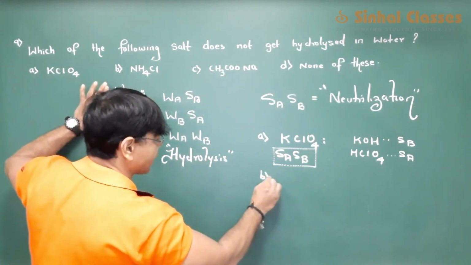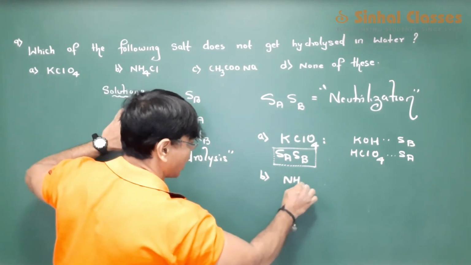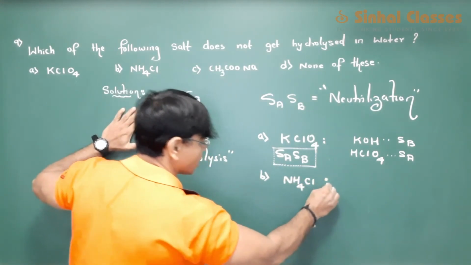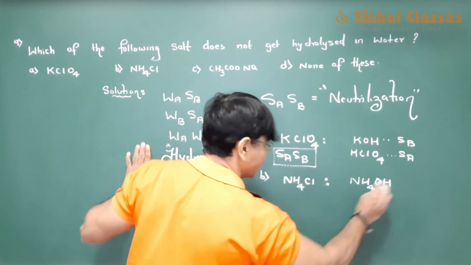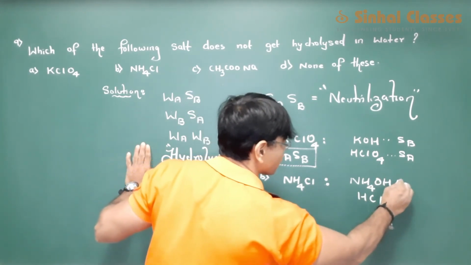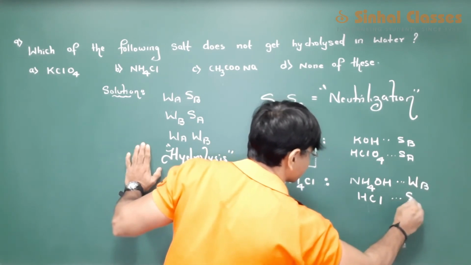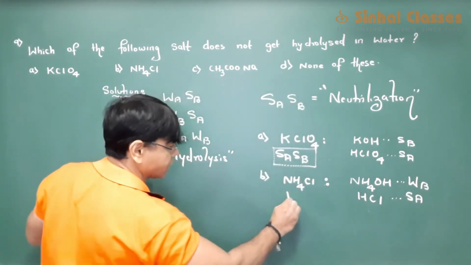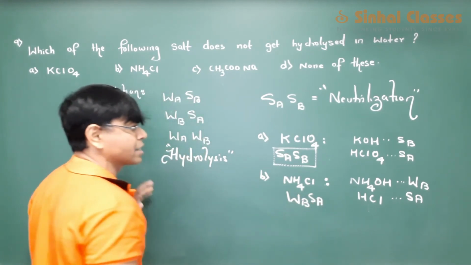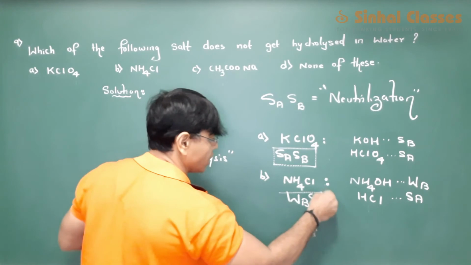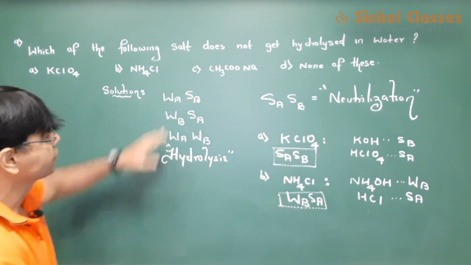Whereas if I take option B, it is ammonium chloride, which is made from ammonium hydroxide and HCl. This is a weak base and HCl is a strong acid. So ammonium chloride is a salt of weak base and strong acid.